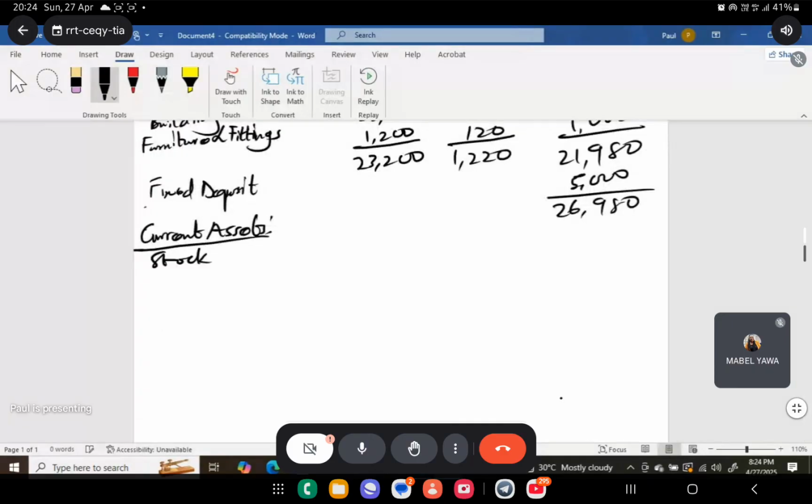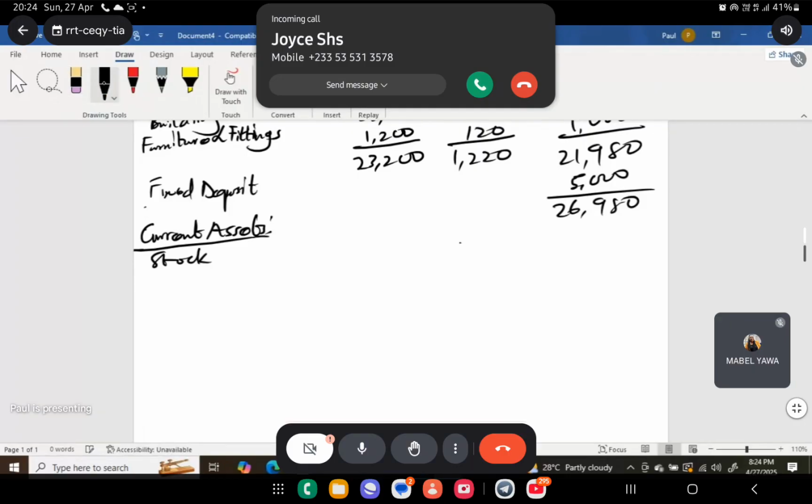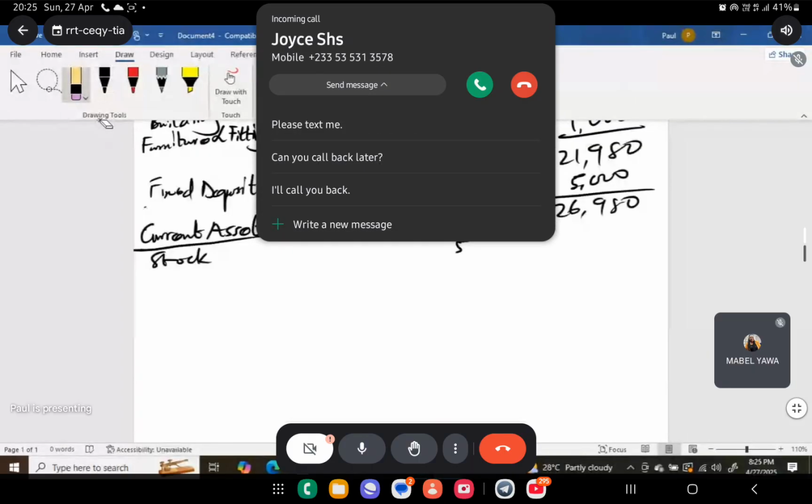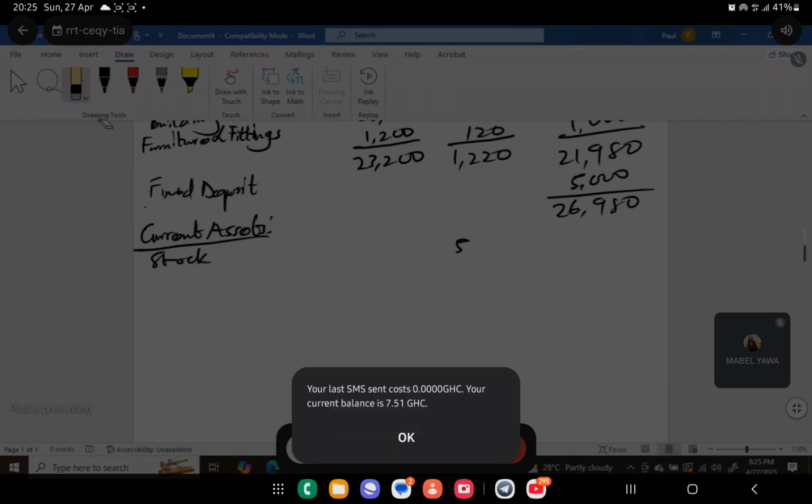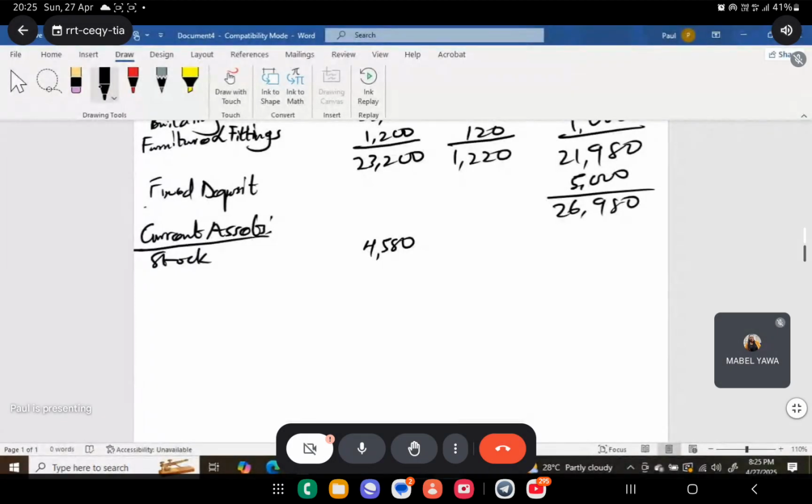The closing inventory amount was 4,500. So that becomes the closing stock.